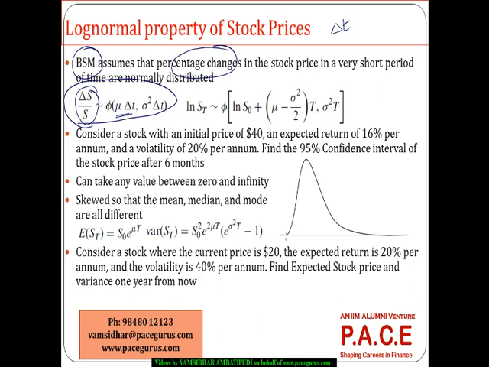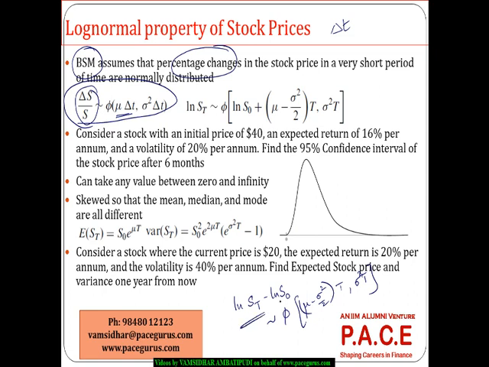Now, from this I can talk about log ST. If I go with the differential equation part and solve using Ito's lemma, we can prove that log ST minus log S0 is normally distributed with mean (mu minus sigma squared by 2) times t and variance sigma squared t.